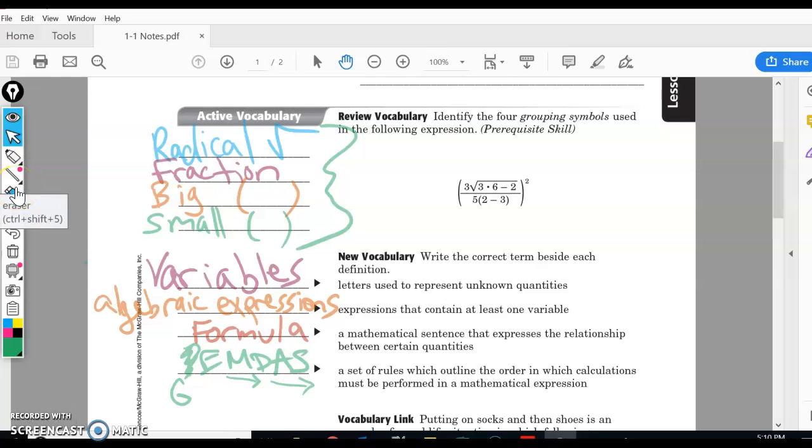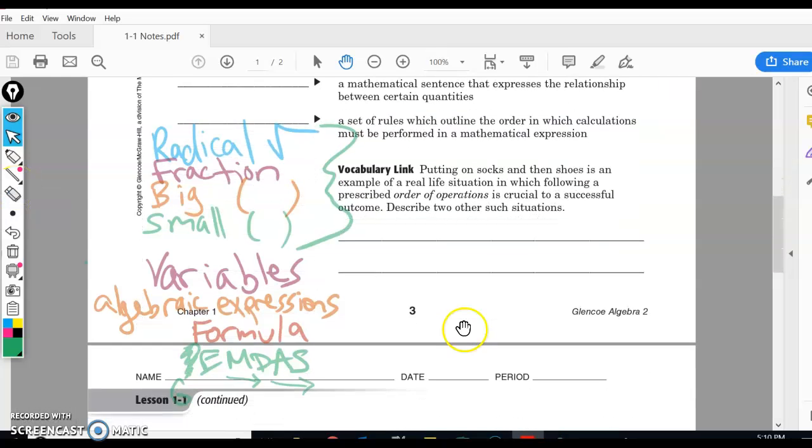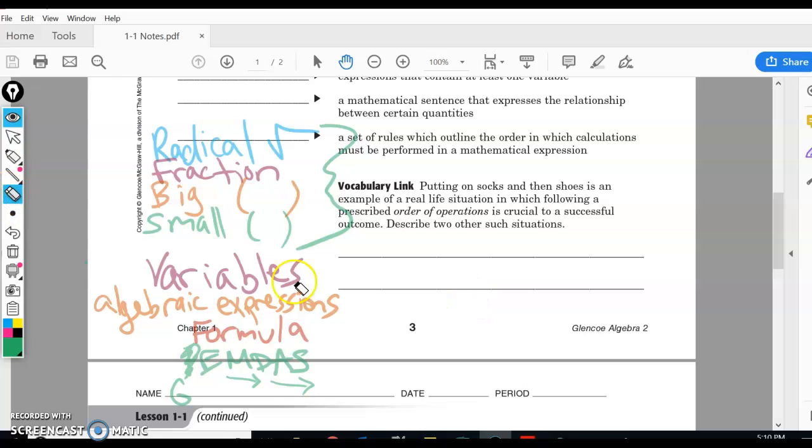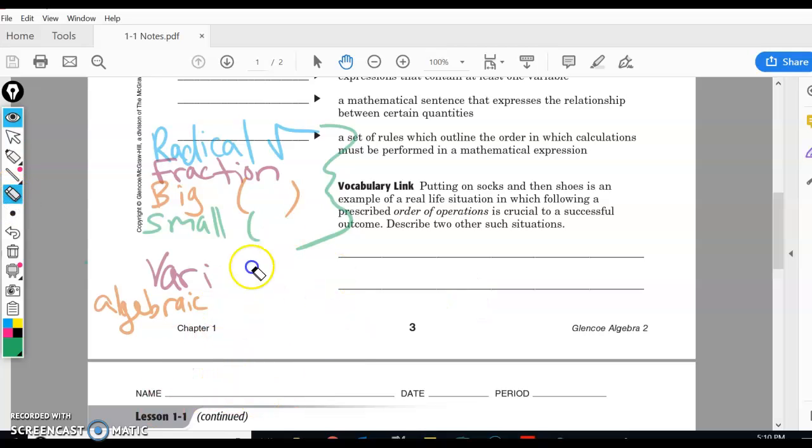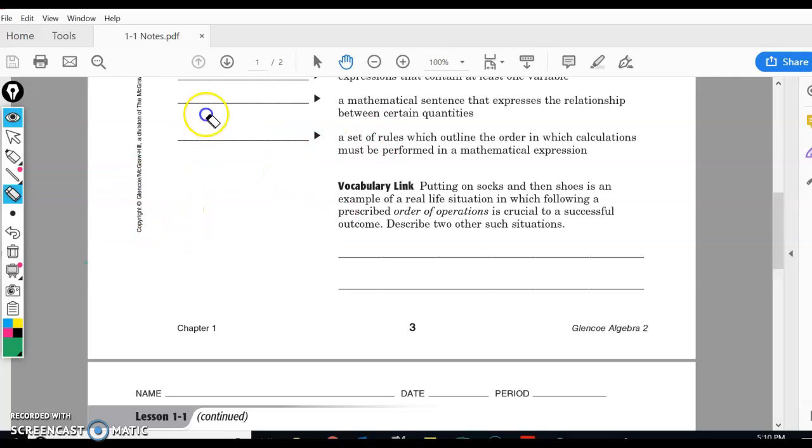Let's talk about the next section, vocabulary link. So a good real life example of order of operations is putting on socks then shoes, because you have to do one before the other. No one really puts on shoes then socks. There's a specific set of rules and guidelines that you follow in that.